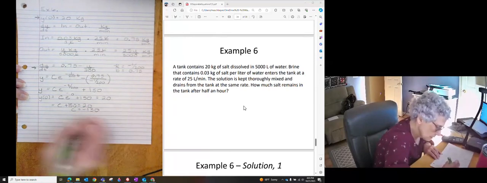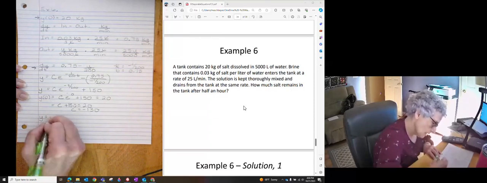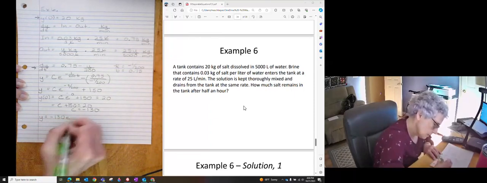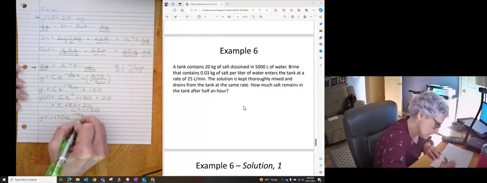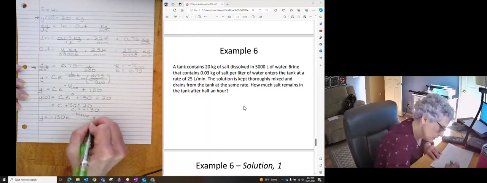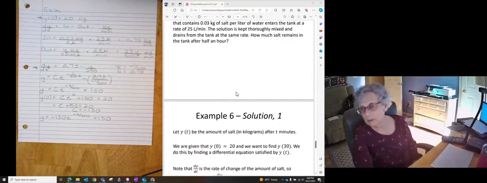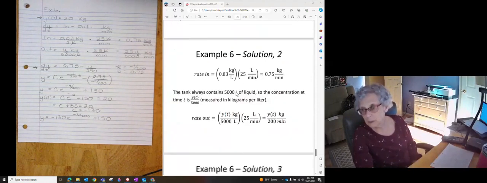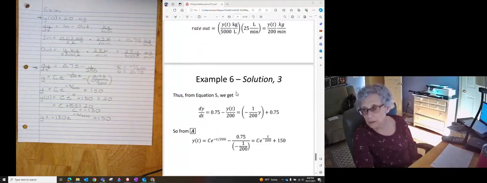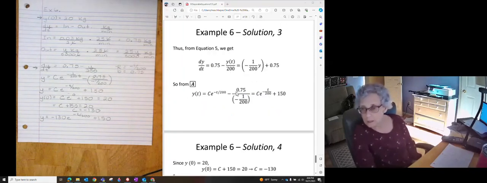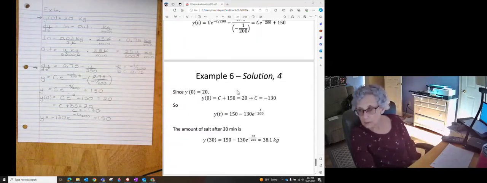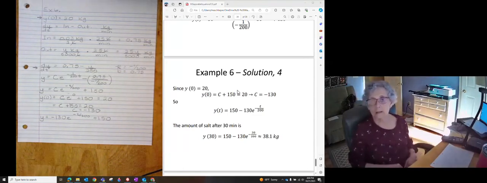C is equal to minus 130, so y is minus 130 e to the negative t over 200 plus 150. Let's see how we did. In and out, 200, and I end up with exactly that.